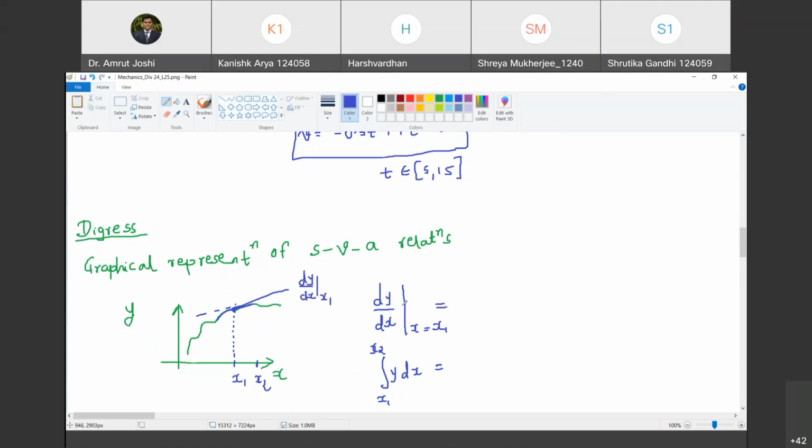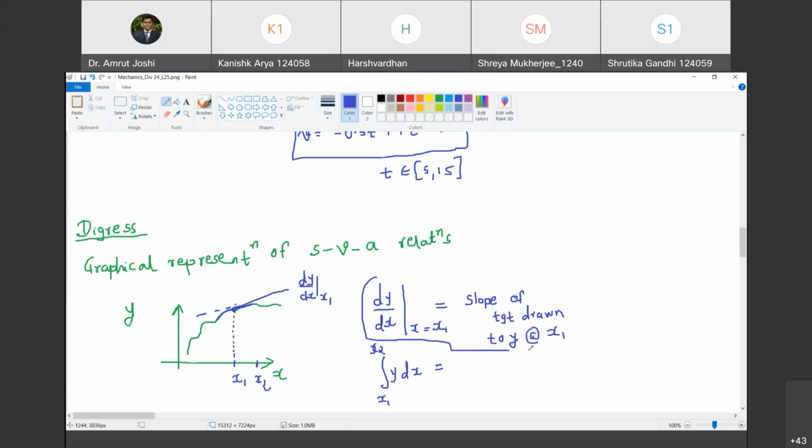So what is dy by dx? y is a function of x. Then dy by dx at x equal to x1 is nothing but slope of tangent drawn to y at x1. Do you agree with me? Yes, sir.